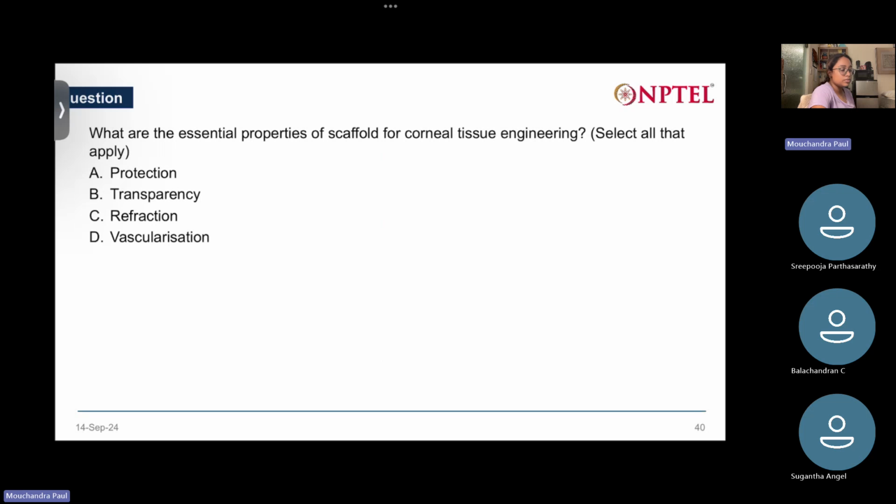What are the essential properties of a scaffold for corneal tissue engineering? Select all that apply, meaning more than one is correct. Protection, transparency, refraction, and vascularization.